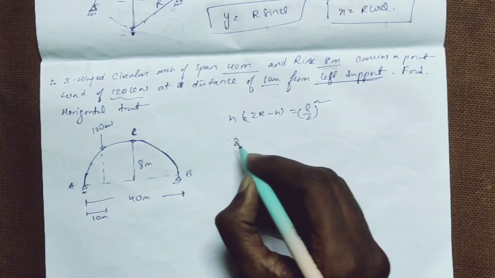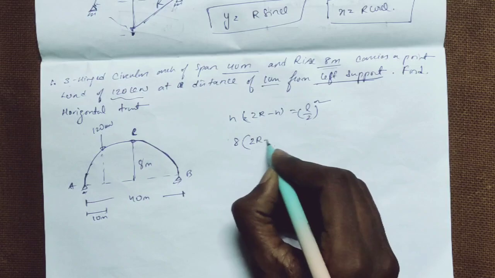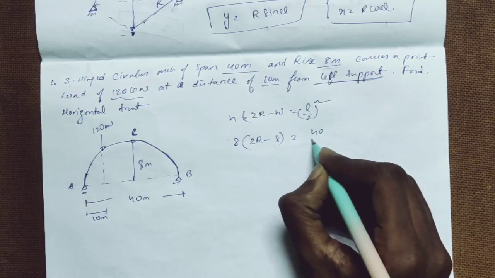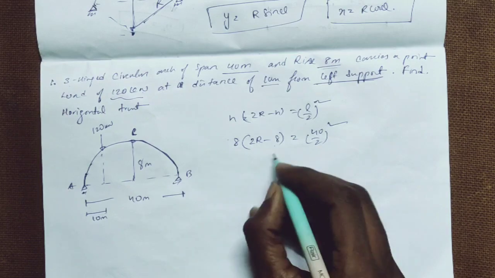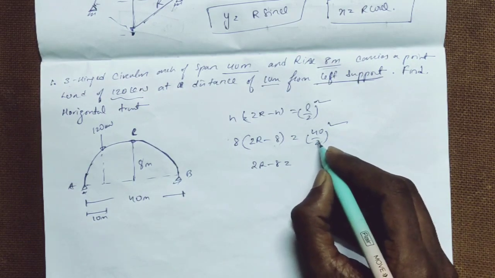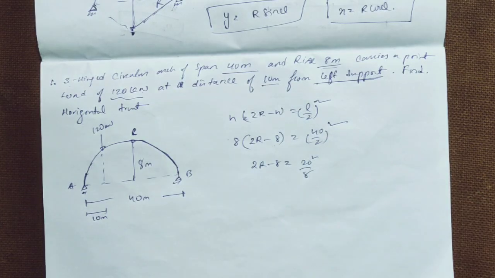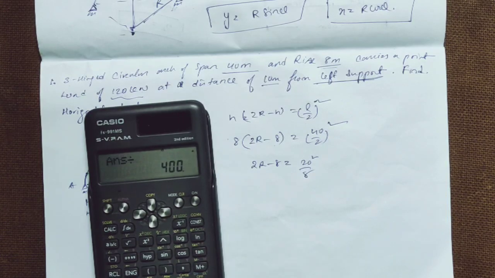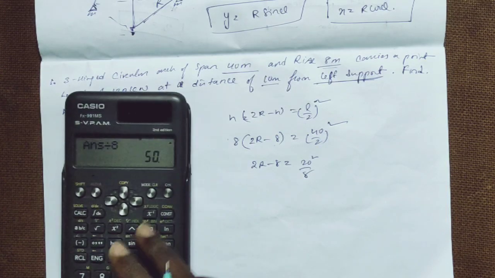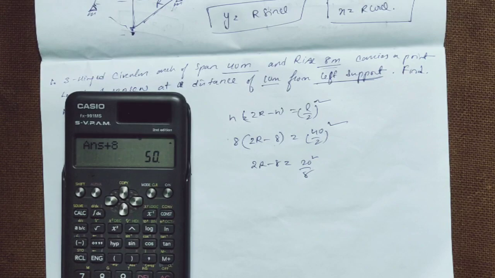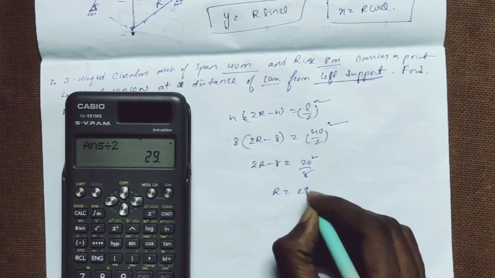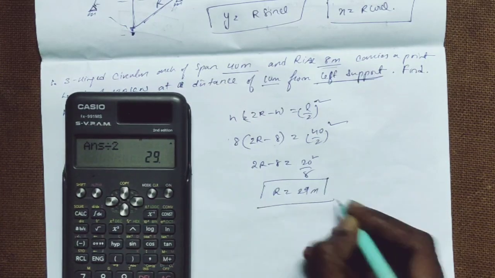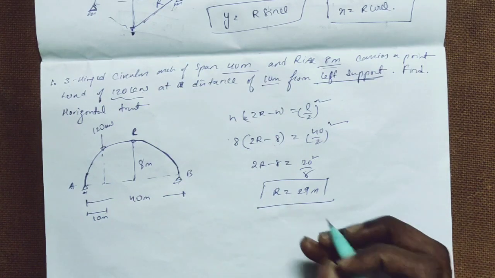So we know H as 8, R we don't know, span is 40, so 2R minus 8 is equal to 20 square by 8, so this will be 50. Plus this 8 goes right here, 58 divided by 2, so R is equal to 29 meters. So we got R is 29 meters.